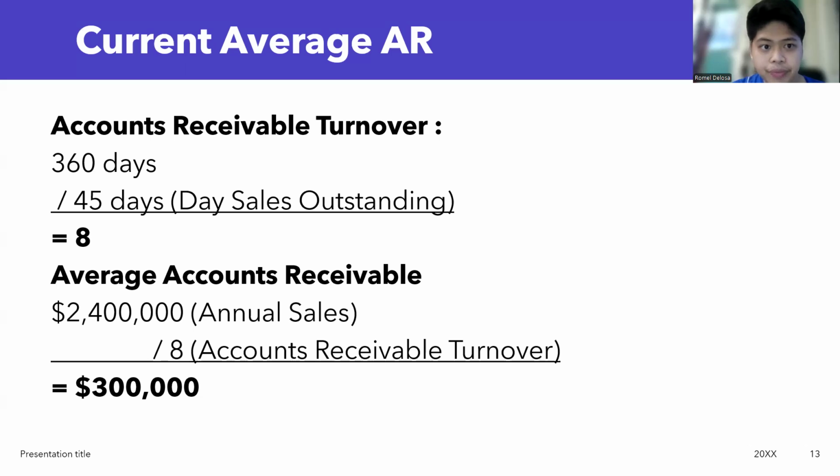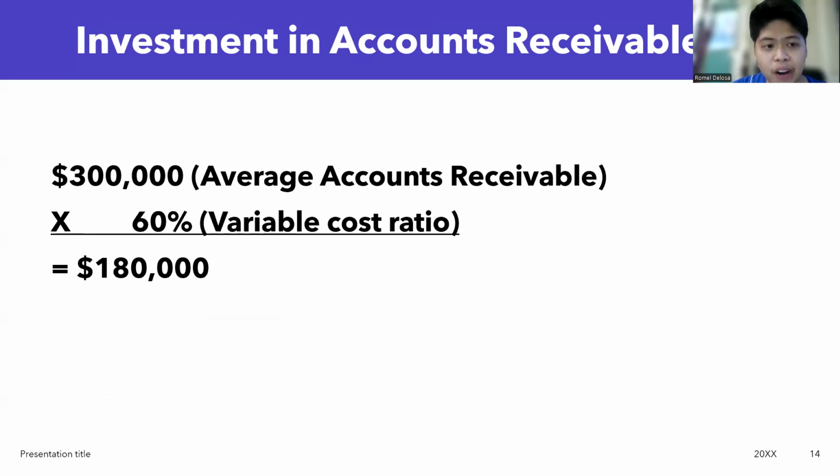Kasi pag kino-compute na, or pag ang tinatanong is investment in accounts receivable, ang gagawin natin is yung average AR na 300,000, i-multiply natin siya sa 60%, which is the variable cost ratio. So therefore, our investment in accounts receivable is $180,000.